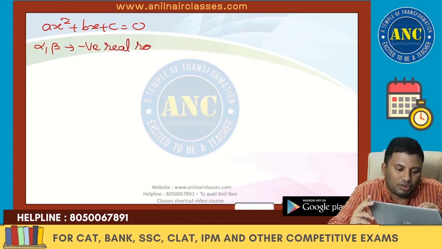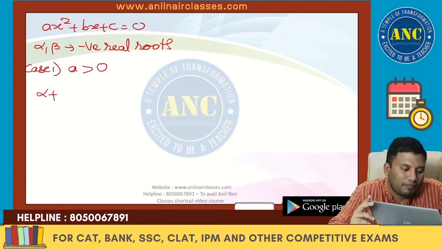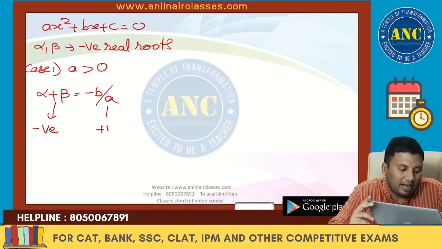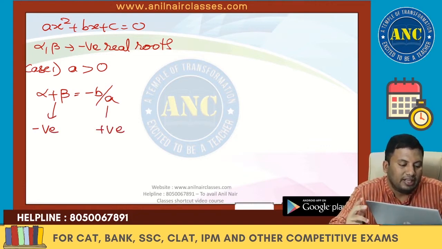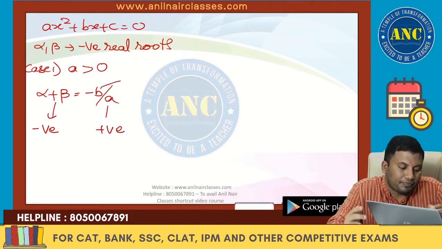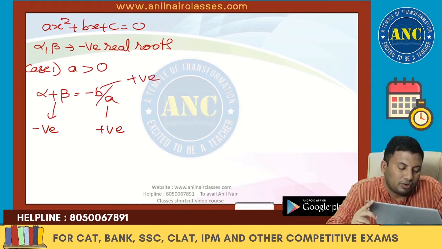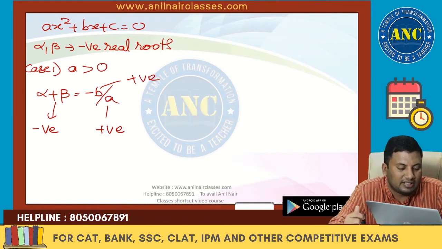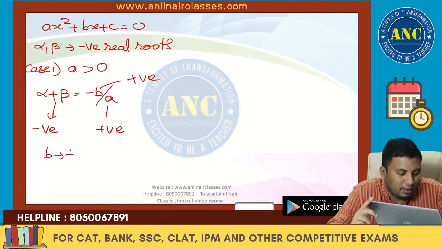If they are both negative real roots, case number 1, A is greater than 0, alpha plus beta is equivalent to minus B by A. Both are negative, so if I add them the sum will be negative, and A is positive. So B has to be positive, because negative into positive is negative, and negative by positive is negative. So B has to be positive.